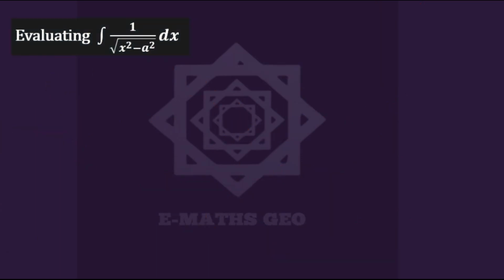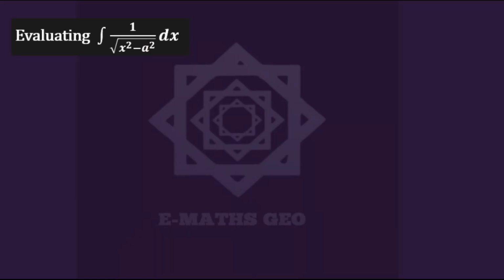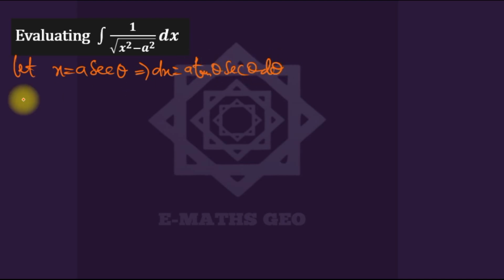So in the subtraction, looking at our table of trigonometric substitution, we substitute the square root of this as a sec theta. So let's do the same. We now say let x equal a sec theta, which implies that dx is now, if you differentiate sec, a tan theta sec theta d theta.